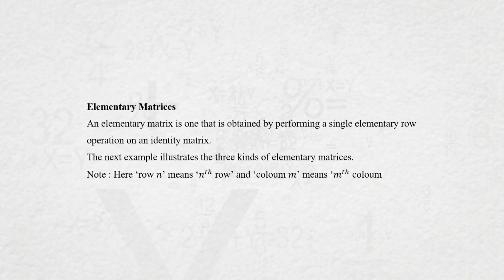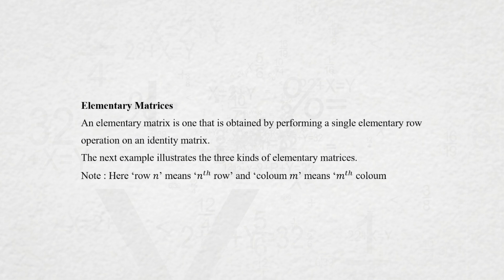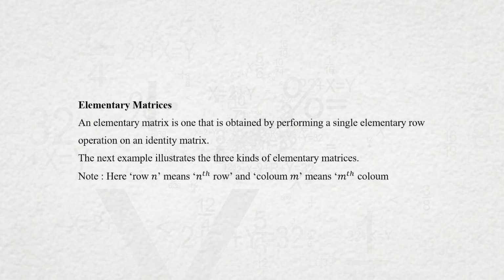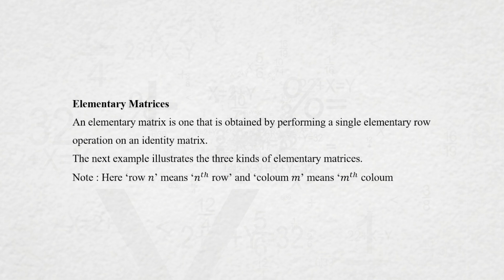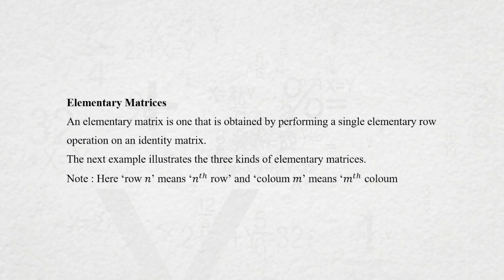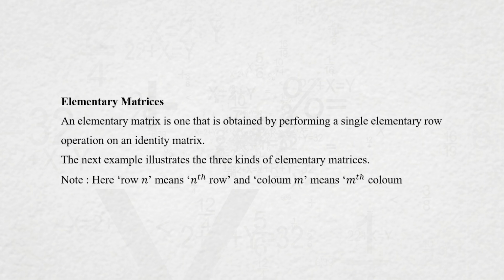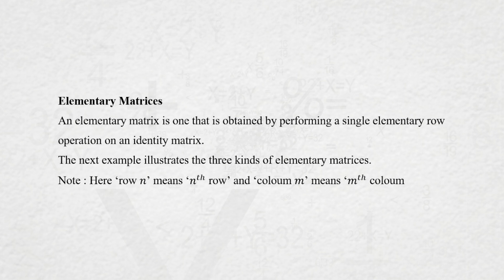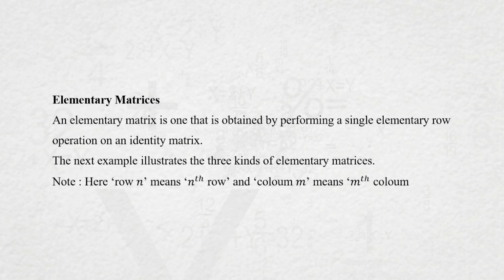Elementary matrices. An elementary matrix is one that is obtained by performing a single elementary row operation on an identity matrix. The next example illustrates the three kinds of elementary matrices. Something to note here: row n means the nth row and column m means the mth column.